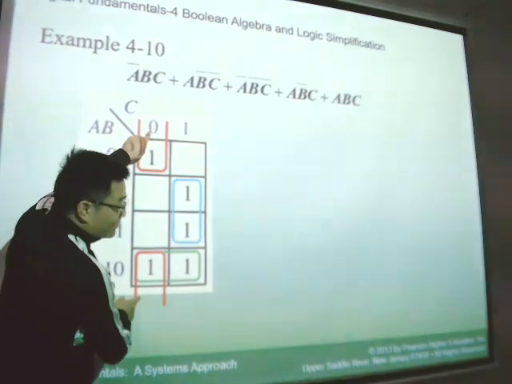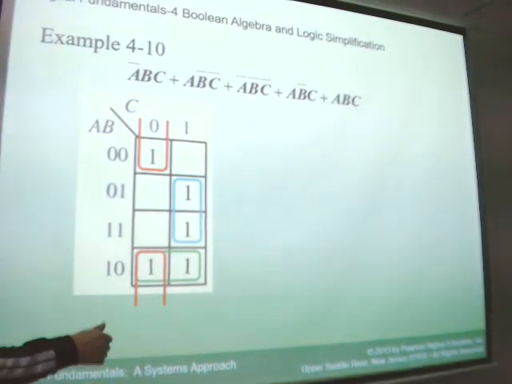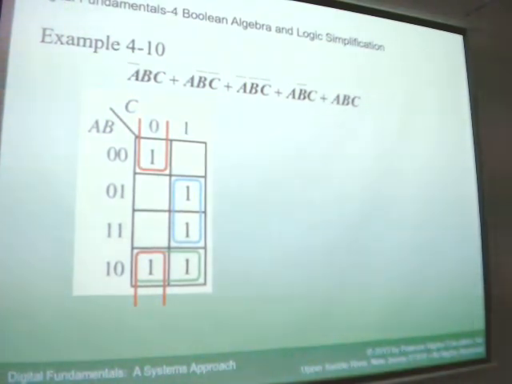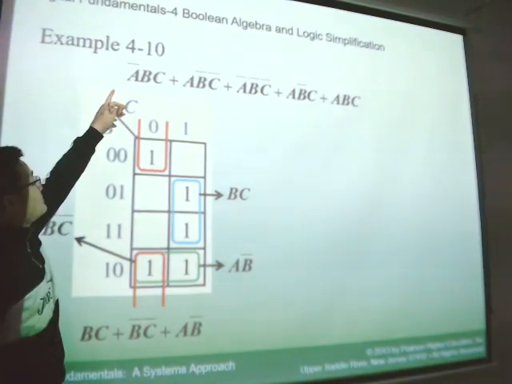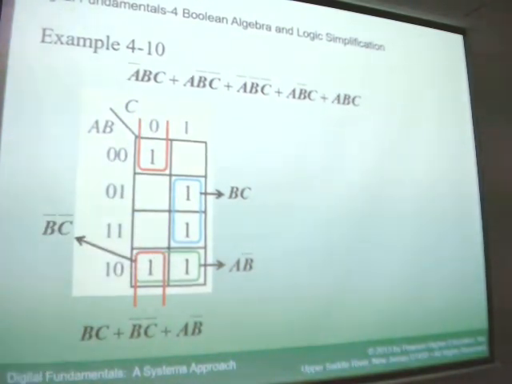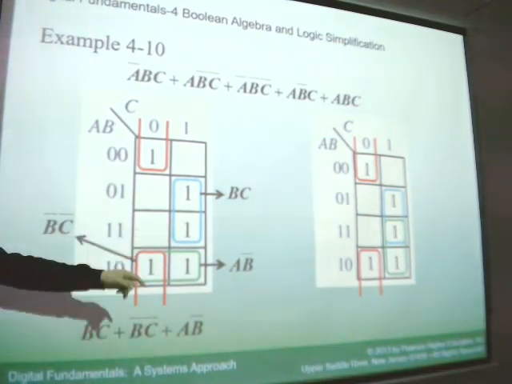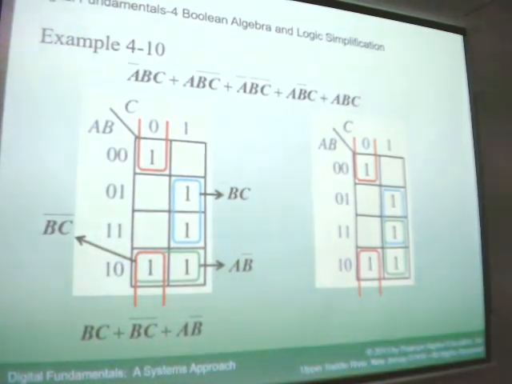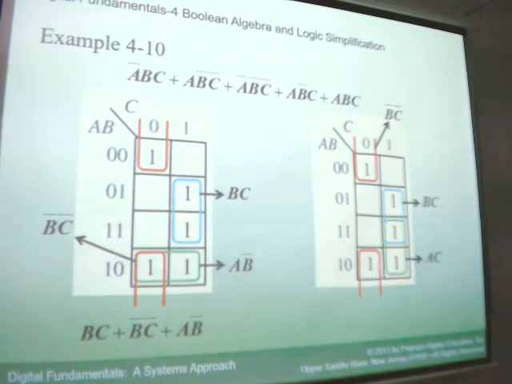C is always 0. So the product term is B bar C bar. So the minimum SOP expression for this Boolean expression is this. If we use the second grouping method, then the minimum SOP expression is the other.